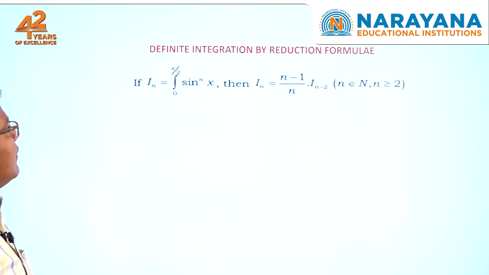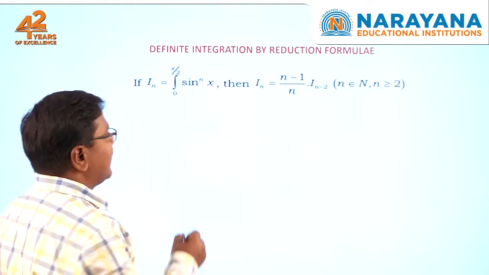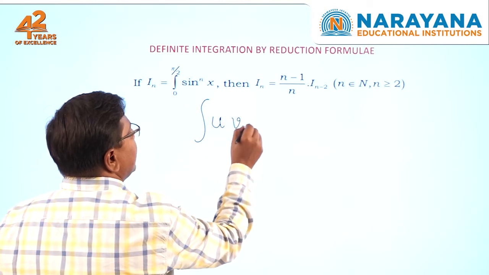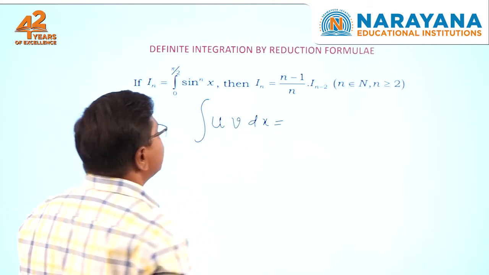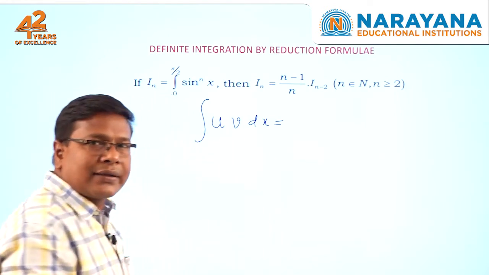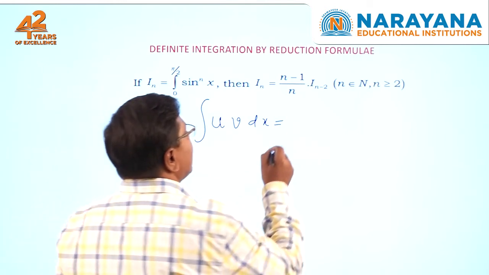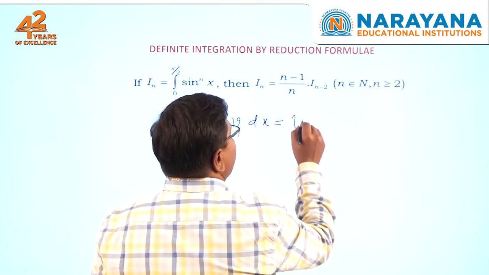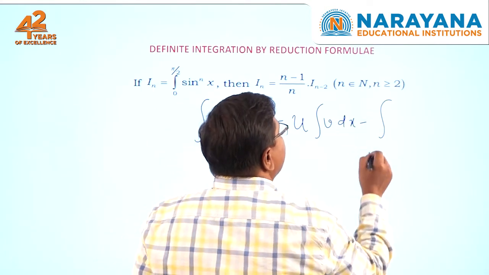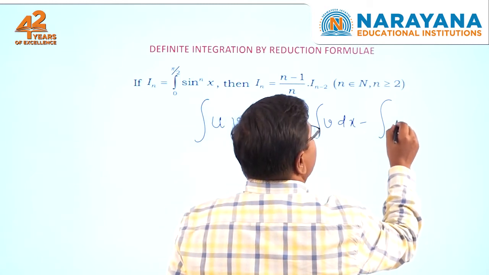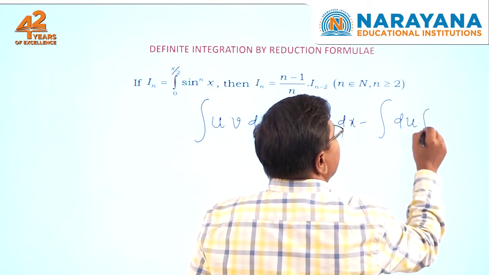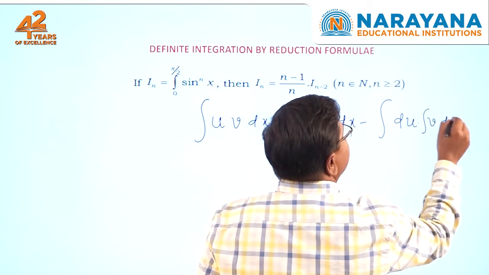Now we know integration by parts. Earlier we discussed integration by parts, that is, integral of u into v dx, where u and v are functions of x, is equal to u into integration of v dx minus integration of the derivative of u, that is u dash, into integration of v dx.